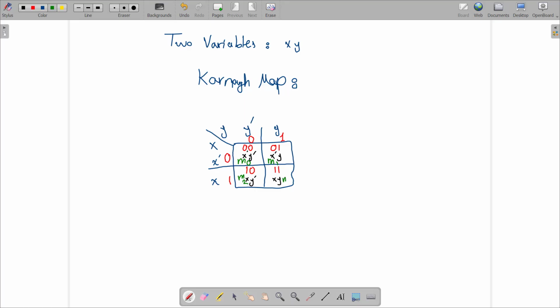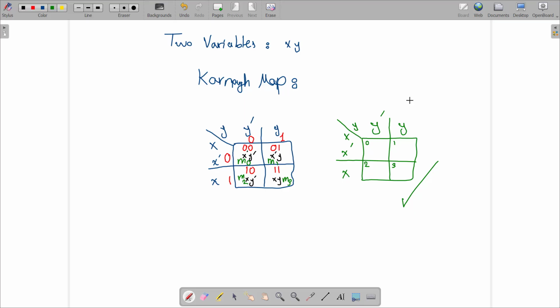And this one is m3. So if we have two variables, the Karnaugh map is something like that: x prime, y prime. This is minterm number 0, minterm 1, minterm 2, and minterm number 3. So this is the Karnaugh map for two variables.